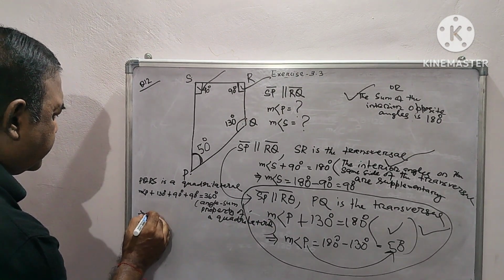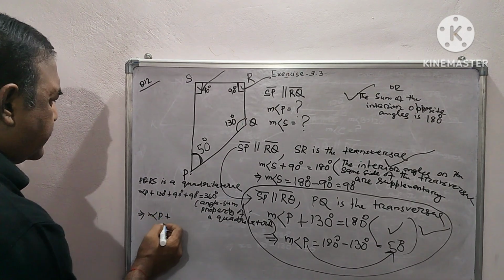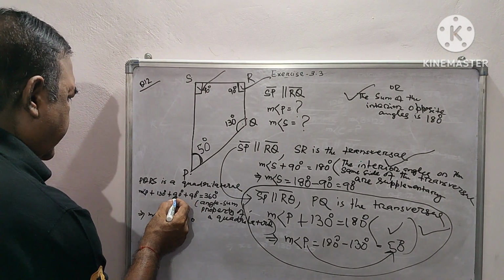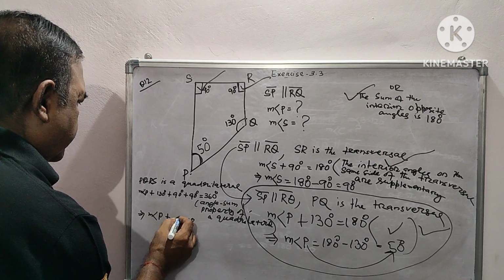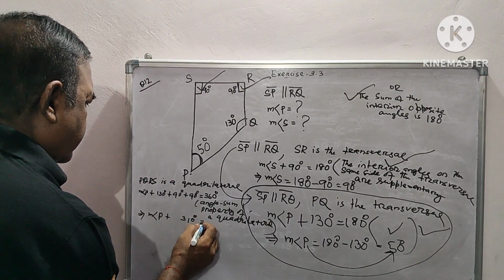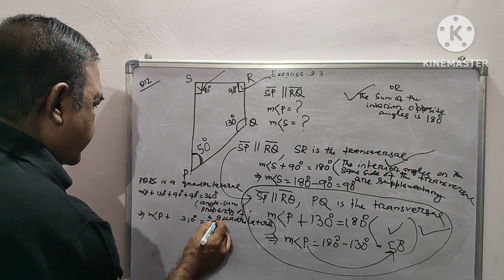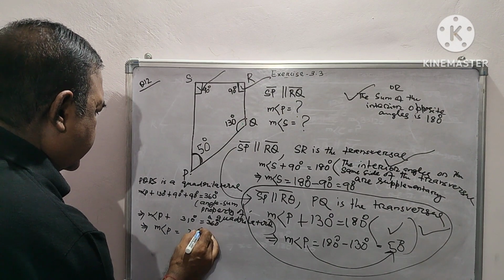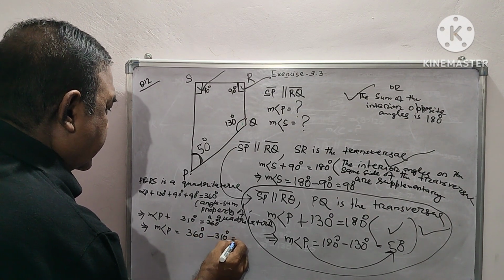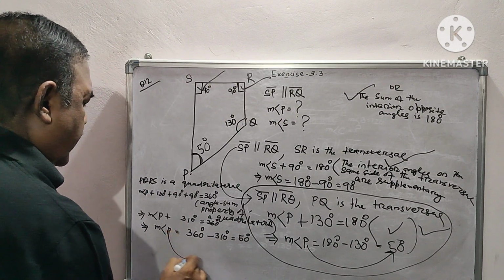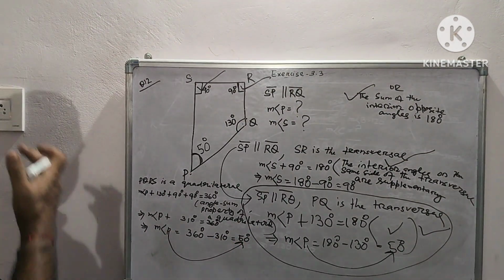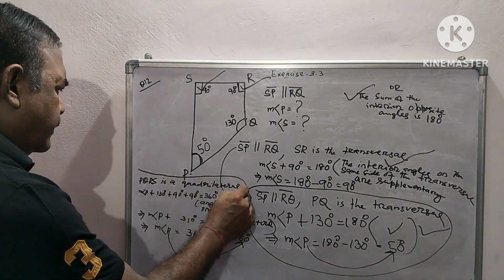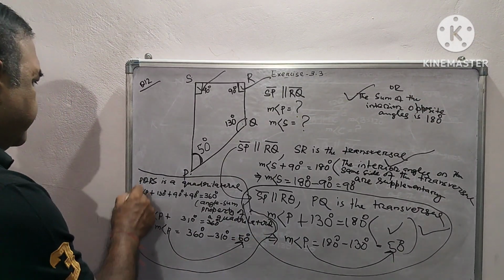So you add all these: 9 plus 9, 18 plus 3, 21, carry 2 plus 1, 310 degree. So 310 degree plus angle P is equal to 360 degree. That implies measure of angle P is equal to 360 degree minus 310 degree, that is equal to 50 degree. So the measure of angle P is equal to 50 degree, by using this method also.